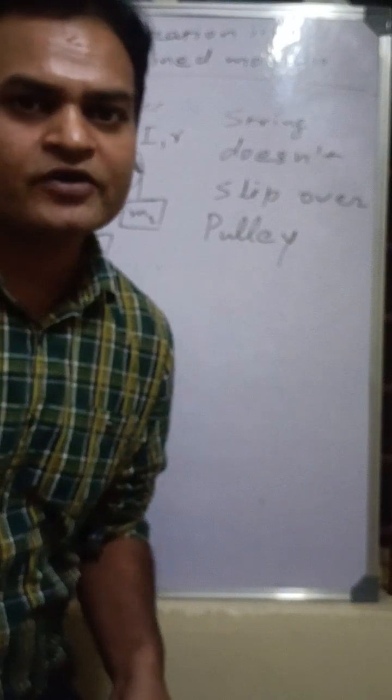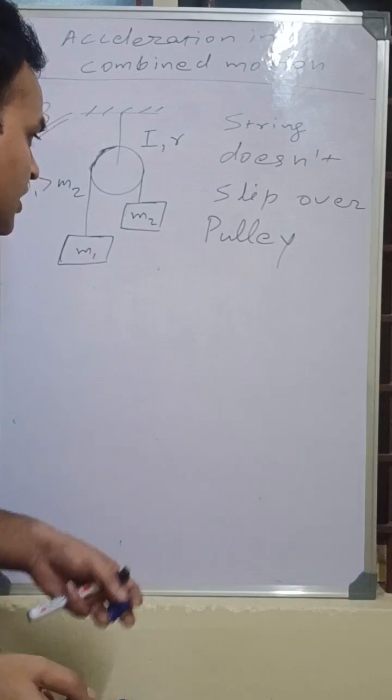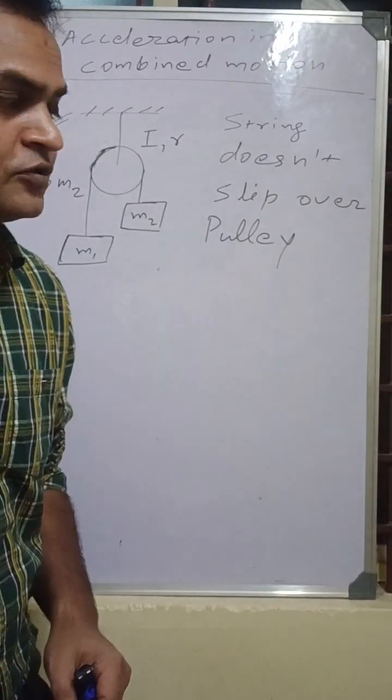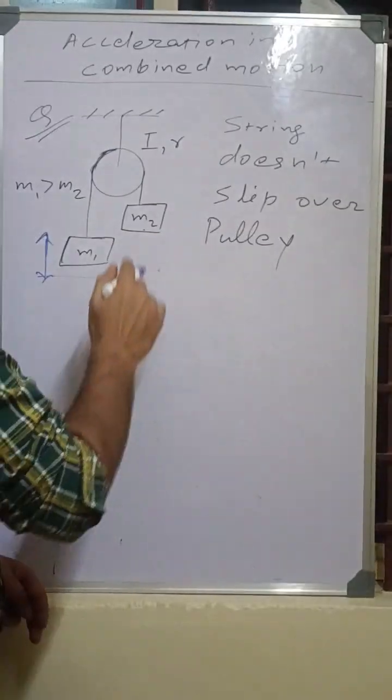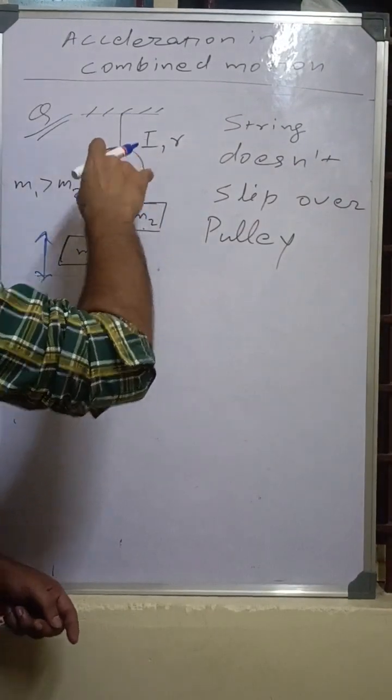So first of all, we have to go through the free body diagram of the pulley and masses. Look at what is happening in this question. This mass m1 can translate only in the vertical direction, this mass m2 also can only translate in the vertical direction, and this pulley can rotate only.